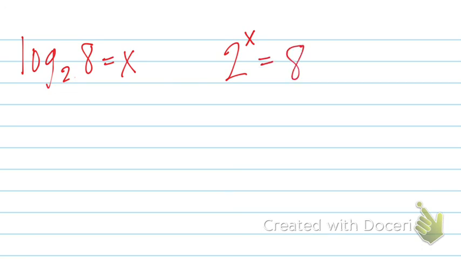Now, what do you know? 2 to what power equals 8? 3. To the power, not 2 times 4, 2 to the third power. So 2 times 2 times 2. Okay?